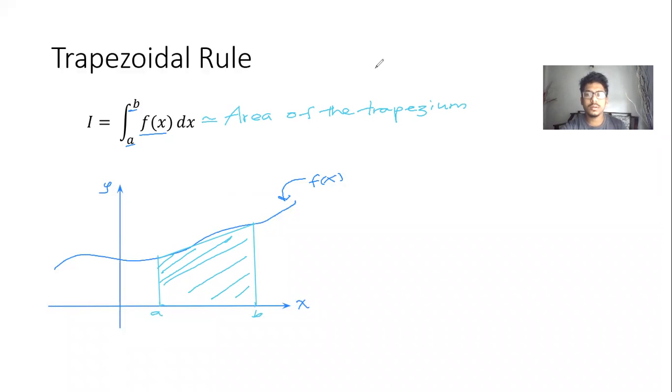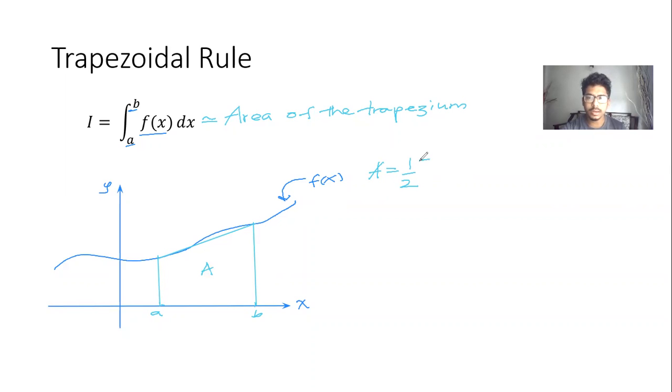Okay. So the area of the trapezium we can write. Let us say the area of this trapezium is A. So I can write A equals half into, we know, half into the length of this side and the sum of the length of this side and this side, right?